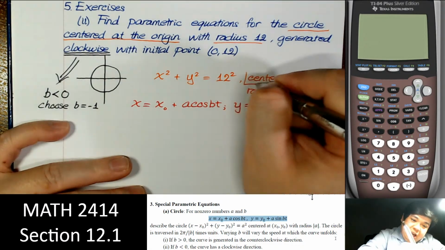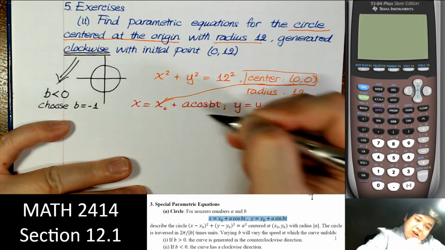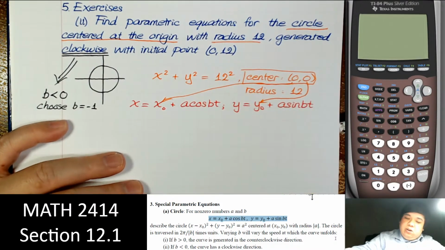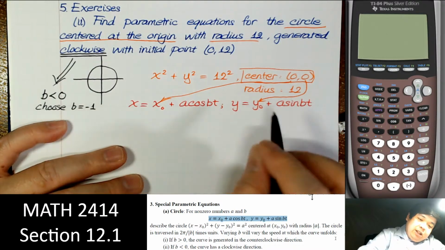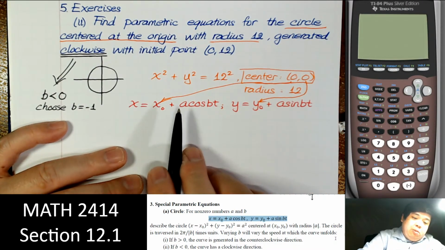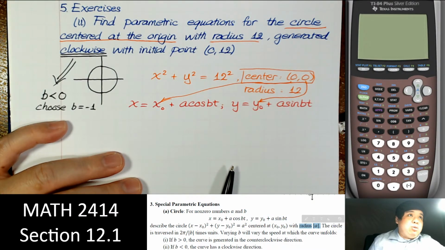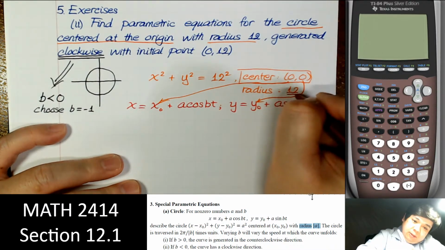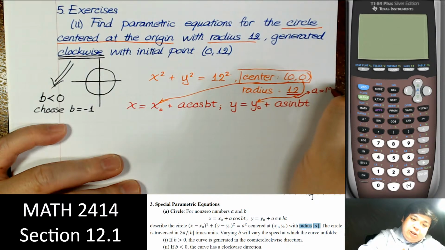And next, the center is 0 and 0, meaning that x naught is 0 and y naught is 0. So put that information together, we have 0 plus a, and then what is a? Also in that formula, the radius is equal to the absolute value of a. So a is equal to 12.